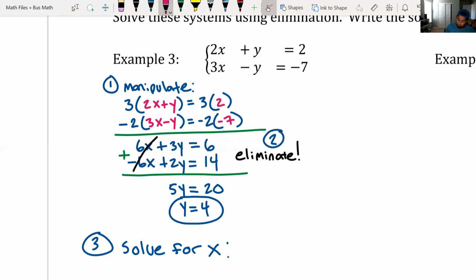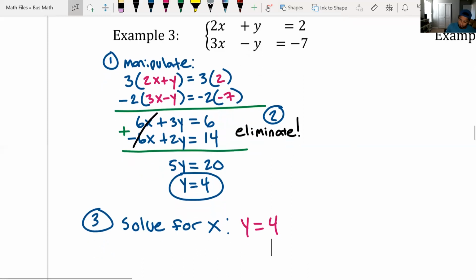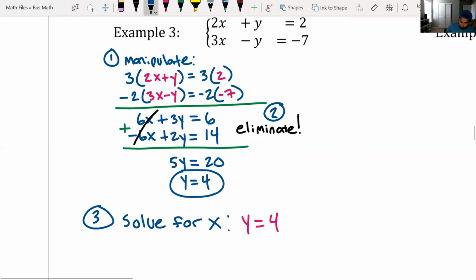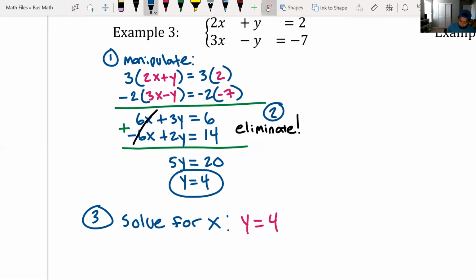And we know that y equals 4. And I'm going to plug it into equation 1. So I'll write equation 1, which is 2x plus y equal to 2.